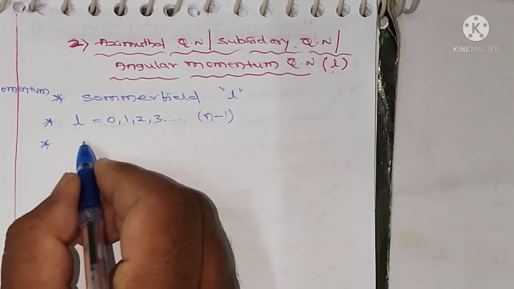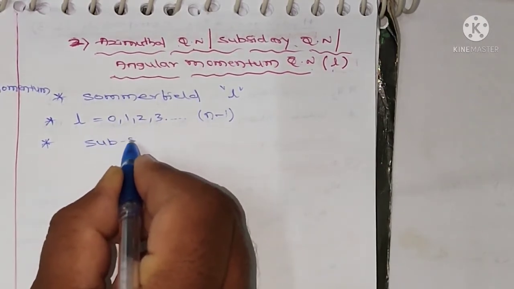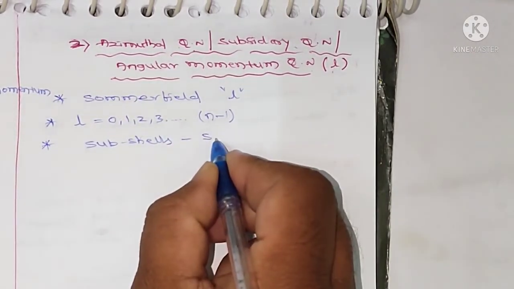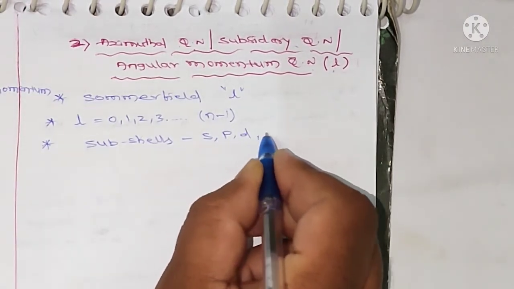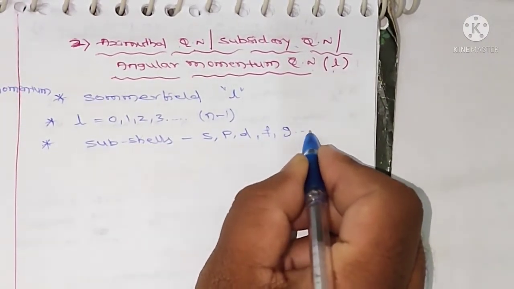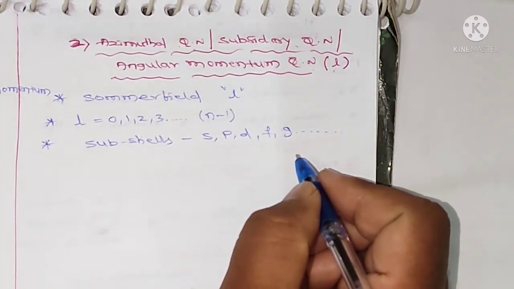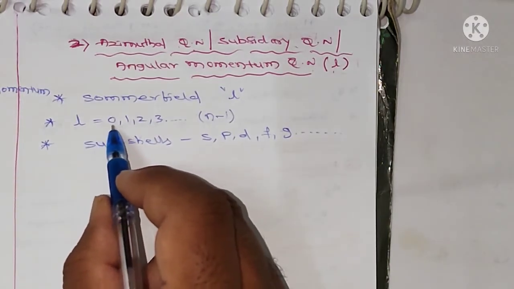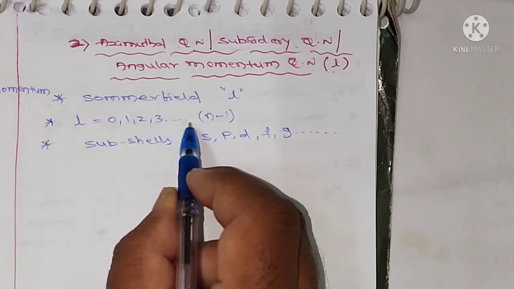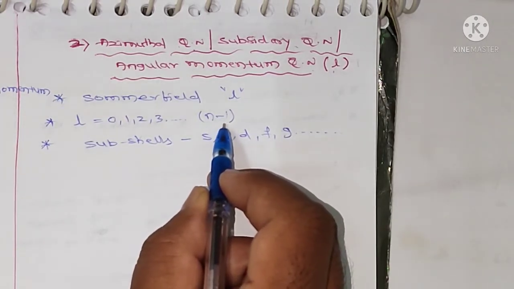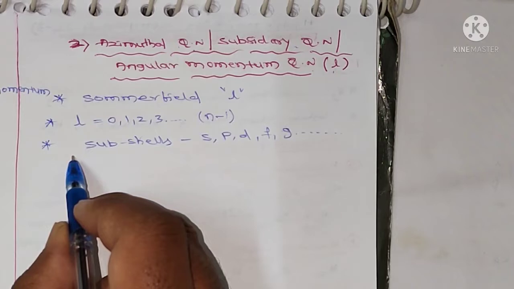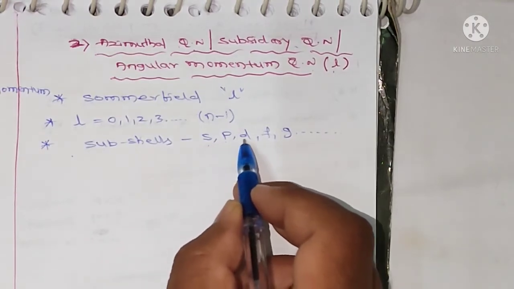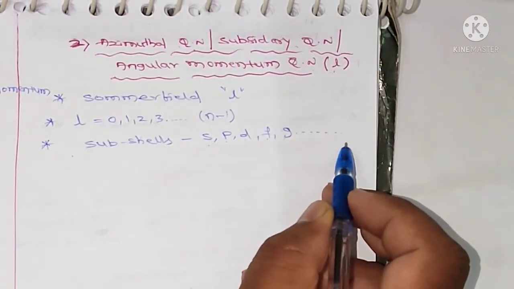The subshells are S, P, D, F, G and so on.